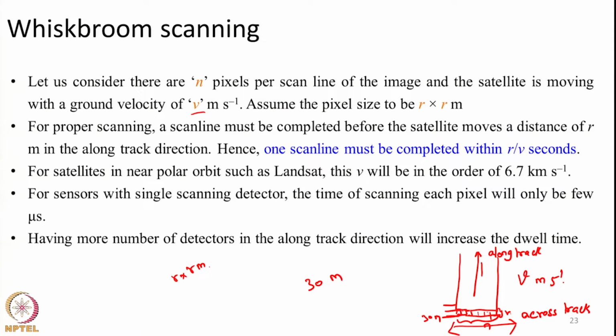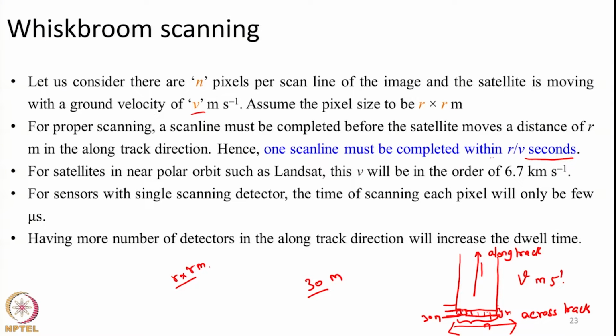So, in order for us to collect all the data without any missing points, it is necessary that the scanning is completed before the satellite moves ahead by one pixel size, that is, by r meters. Here, in the example of Landsat, the scan line must be completed before the satellite moves 30 meters. Okay. So, what is the time taken for one full scan line?